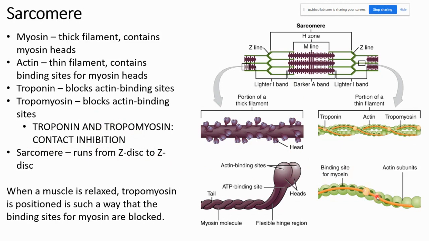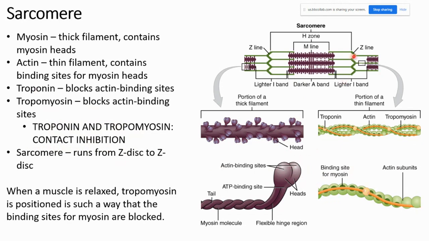Contact inhibition. And troponin, I can call them the T proteins. They both are the ones that start with the letter T, is part of that complex. So that troponin-tropomyosin complex prevents myosin from binding to actin.